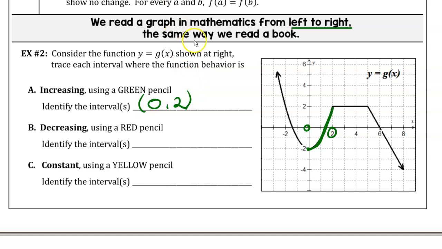And then now decreasing. We're going to do red. So of course this is going to be right here. This decreases. Remember, we have another number over here that's negative infinity. So from negative infinity to 0, that's where it's decreasing.